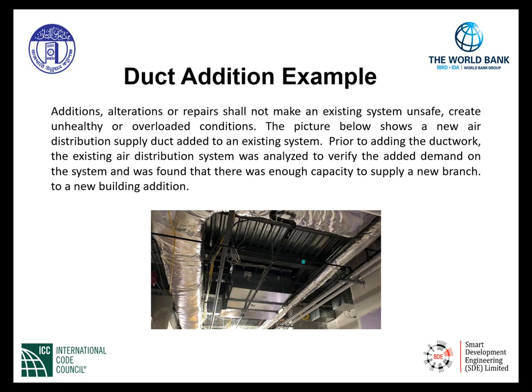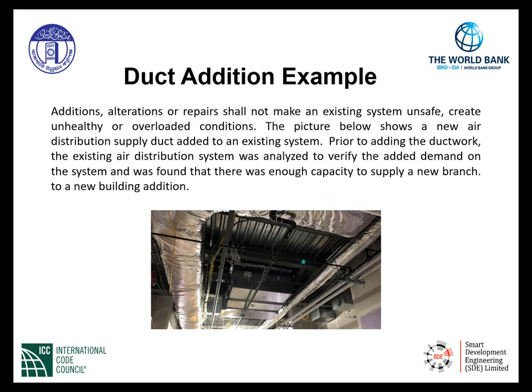The language in the code section that we just discussed: additions, alterations, or repairs shall not make an existing system become unsafe or create any unhealthy or overloaded conditions. The picture below shows a new air distribution supply duct added to an existing system.